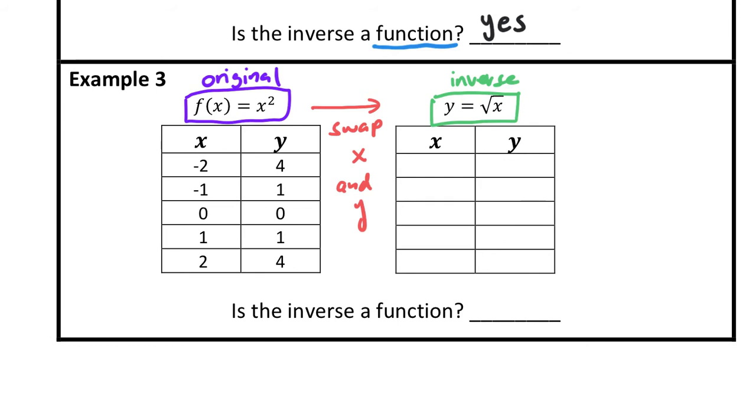So it's going to be 4, -2, 1, -1, 0, 0, 1, 1, 4, 2. And then we have this question again: is the inverse a function?